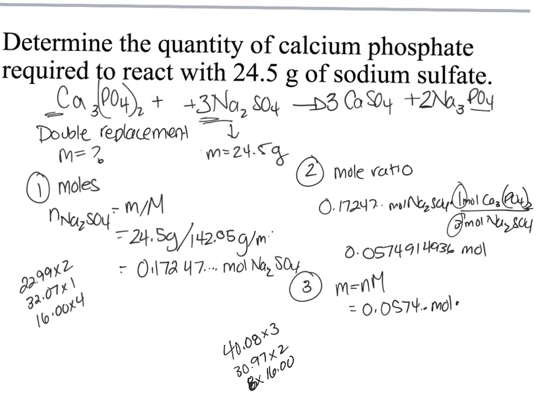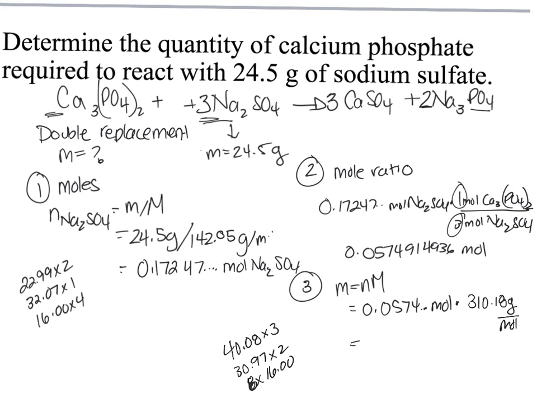Okay, so 40.08 times 3 plus 30.97 times 2 plus 16 times 8. It's 310.18.